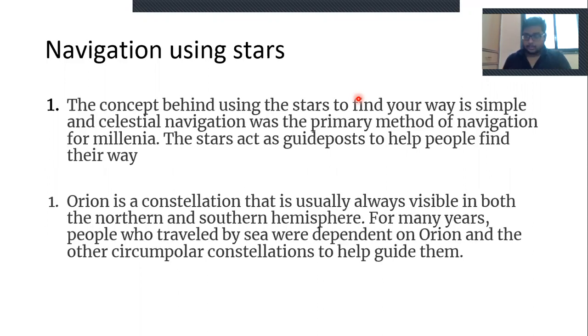So if you lose your way, you can find your direction by the direction of those three stars. This is how navigation was invented in those times, and it has been carried along since then.